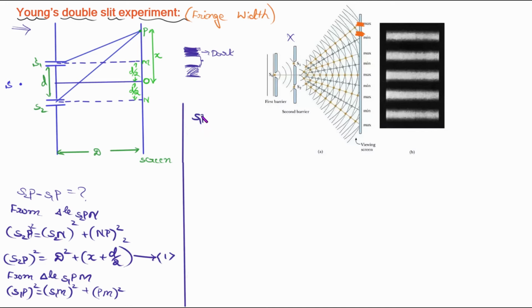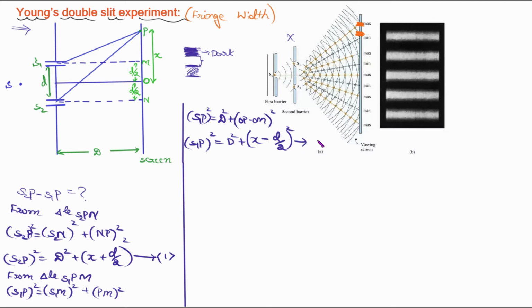So S1P whole square is equal to S1M, the distance from here to here is again D, so D square, plus PM. I will write PM square as OP minus OM whole square. So S1P whole square is equal to D square plus OP which is X, minus OM which is d by 2, X minus d by 2 whole square.